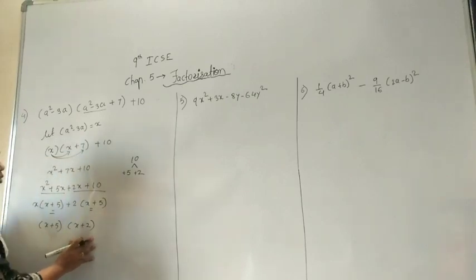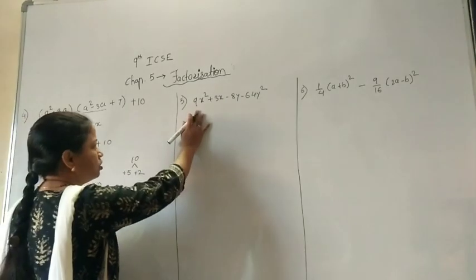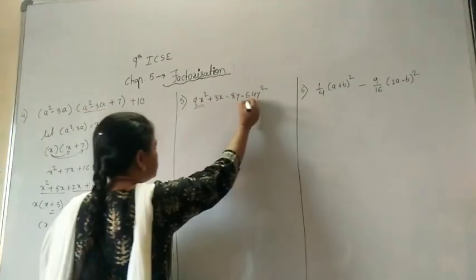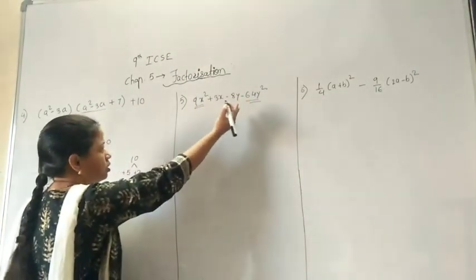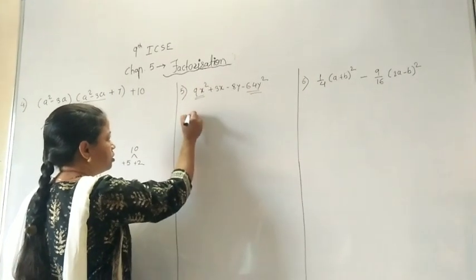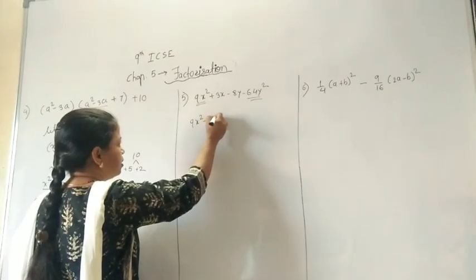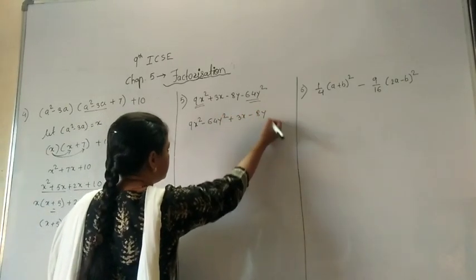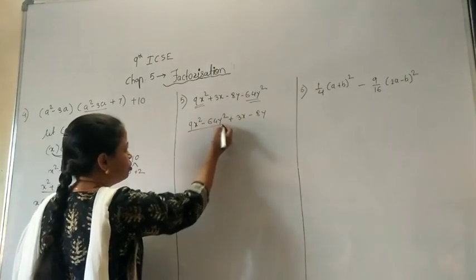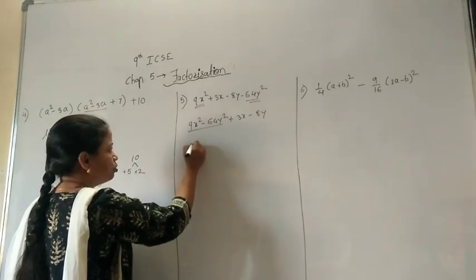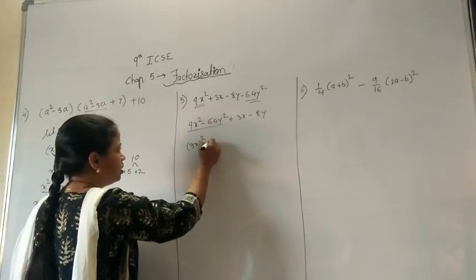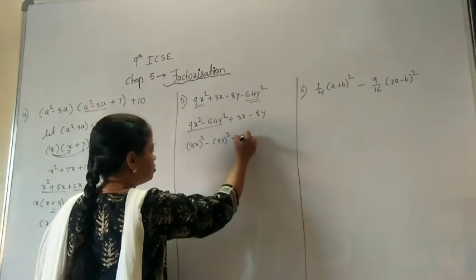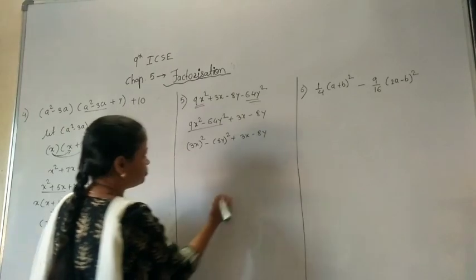Okay, now again look at this question. In this question we are getting 2 squares. 9x square is also a square and this is also. So take this term together: 9x square minus 64y square plus 3x minus 8y. Now take the root of this term: 3x bracket square and 8y bracket square. This as it is, 3x minus 8y.